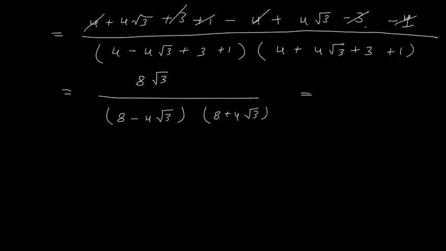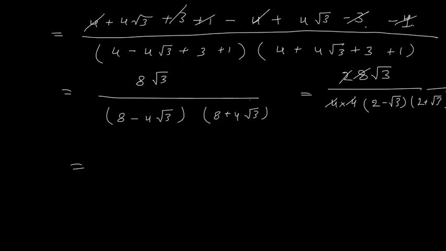So I will take 4 common, 8 root 3 divided by, I will take 4 common from here, 4 common from here. So here it is 2 minus root 3 and here it is 2 plus root 3. So 4 1s are 4, 4 2s are 8, 2 1s are 2, 2 2s are 4.